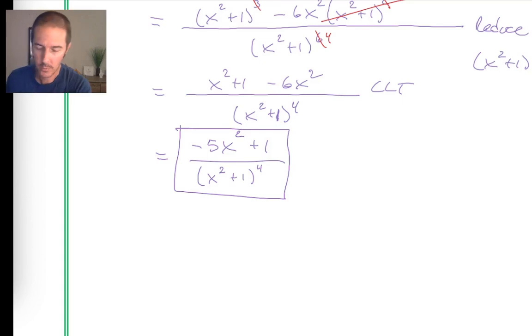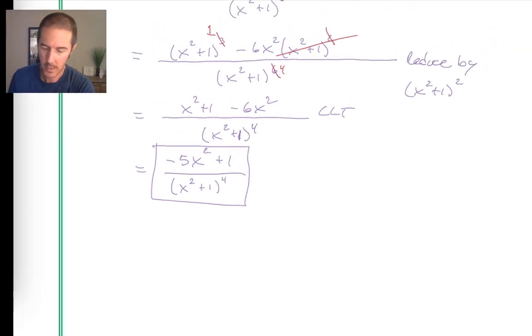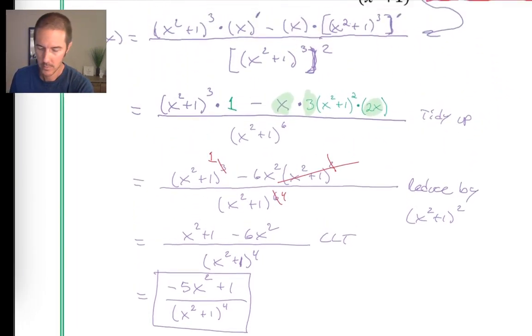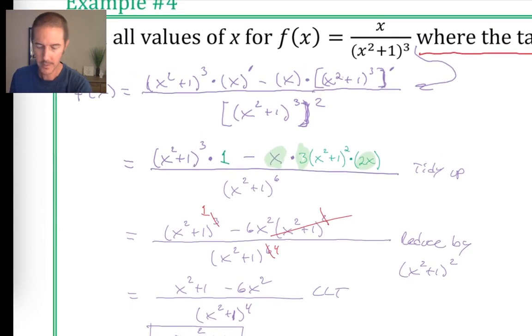So we had to implement, again, multiple tactics here. The very first one that we used was the quotient rule. And from there, we took a regular derivative.